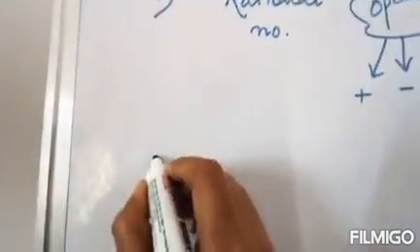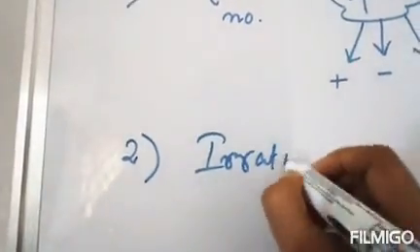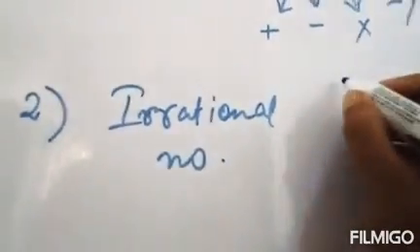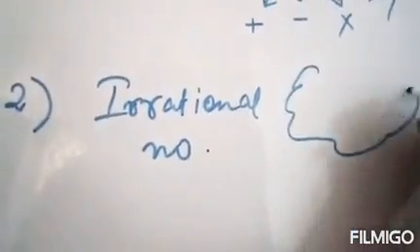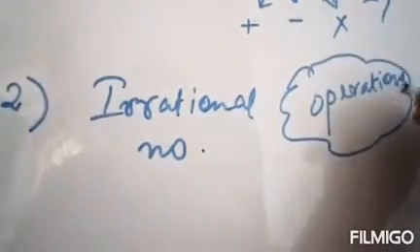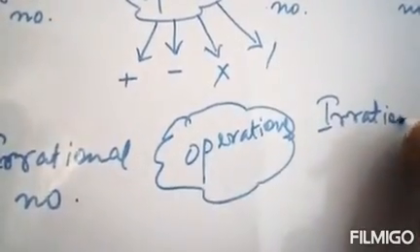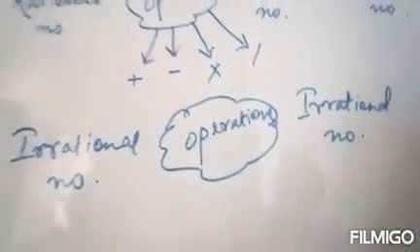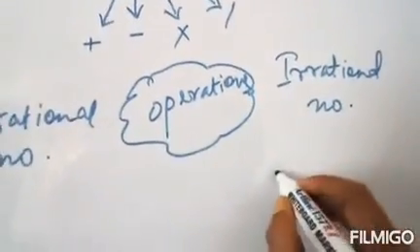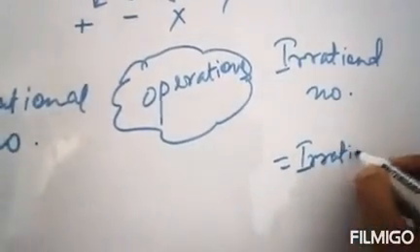Second thing is that if you are given one irrational number to be operated with an irrational number, the answer can come as rational also, it can come as irrational also.